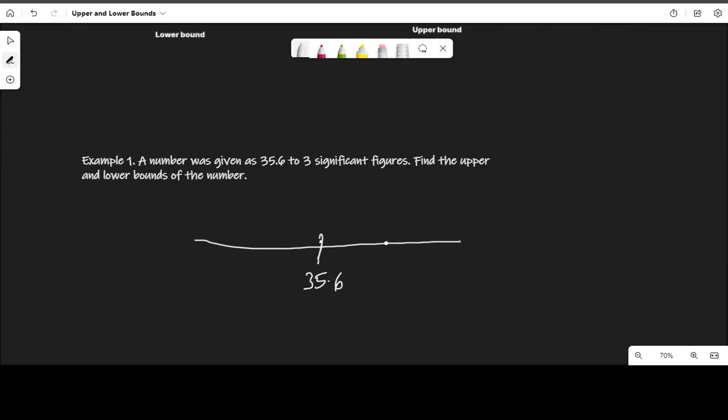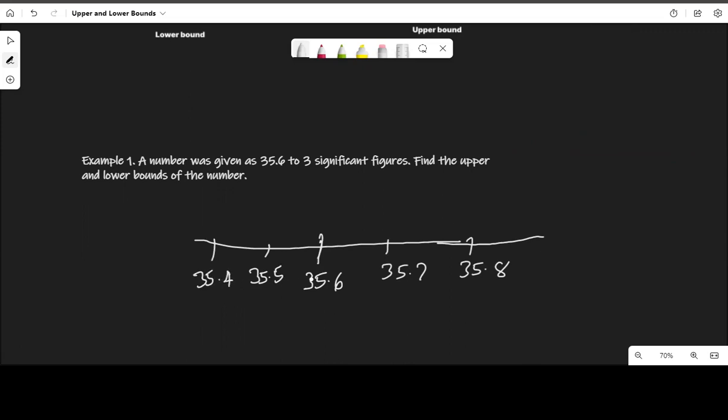After 35.6, what should be the next number? It should be 35.7. The next number should be 35.8, and so it goes like that. Before 35.6, what was the number? It should be 35.5.